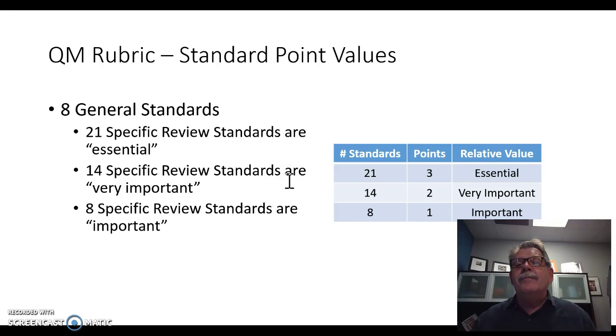The 14 very important standards are worth 2 points, and the important standards, the 8 of those, are each worth 1 point. All of those standards are described and laid out in the QM link in your online faculty standards Canvas course. So there's a variety of different standards with a little bit different importance.